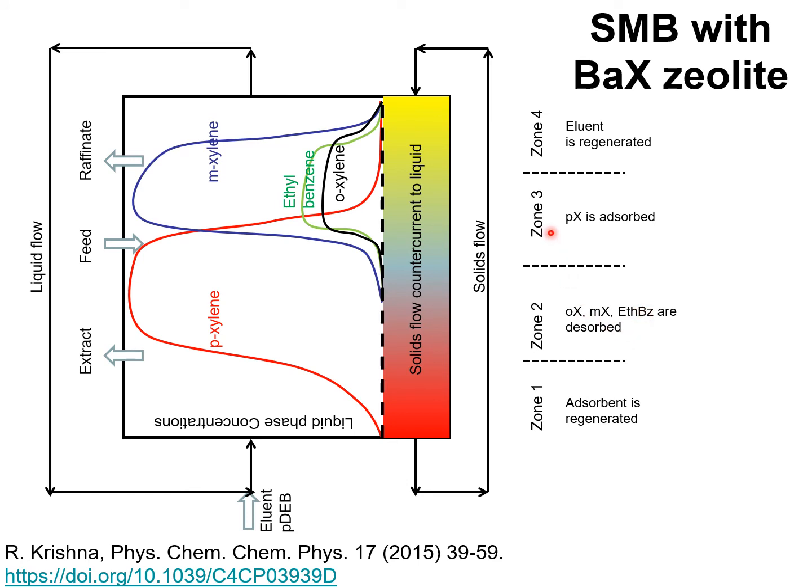In zone 3, para-xylene is adsorbed selectively. And in zone 4, the eluent para-diethylbenzene is recovered and recycled back into the adsorber.